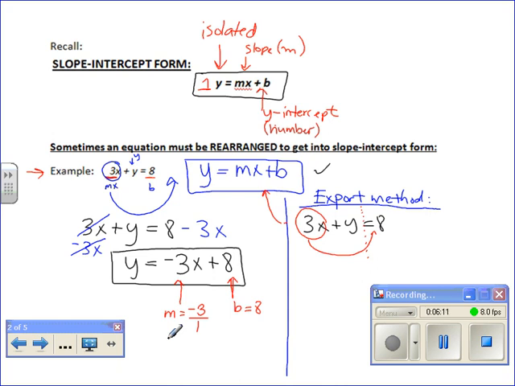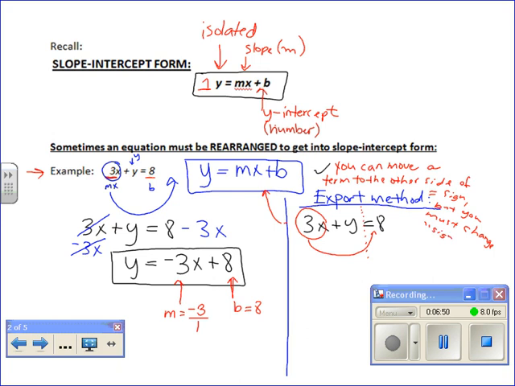Okay, so you can move a term to the other side of the equal sign, but, okay, you must, and I'm running out of room here, sorry, you must change the sign.